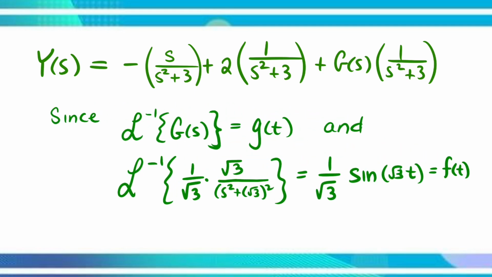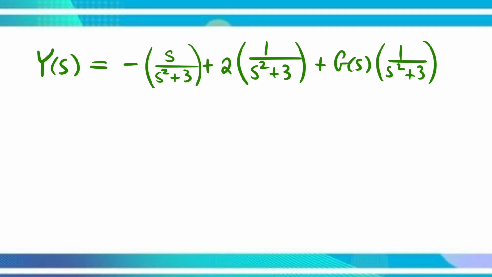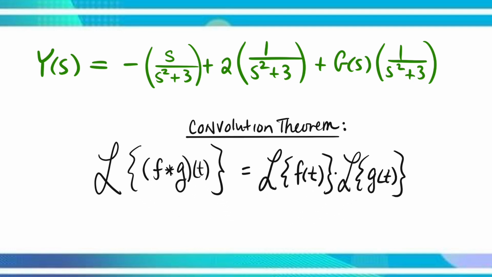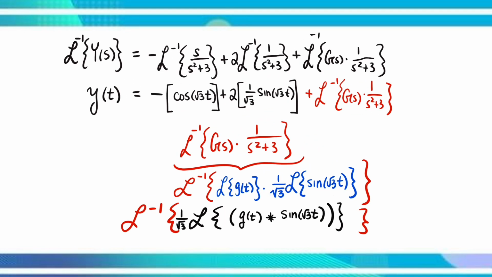So let's take a look here. The inverse Laplace transform of capital G is going to be lowercase g of t. And the inverse Laplace transform of that other piece, well, we know what that is. So putting this convolution theorem together to find the inverse Laplace transform, let's take a look at what that's going to look like all together here now.